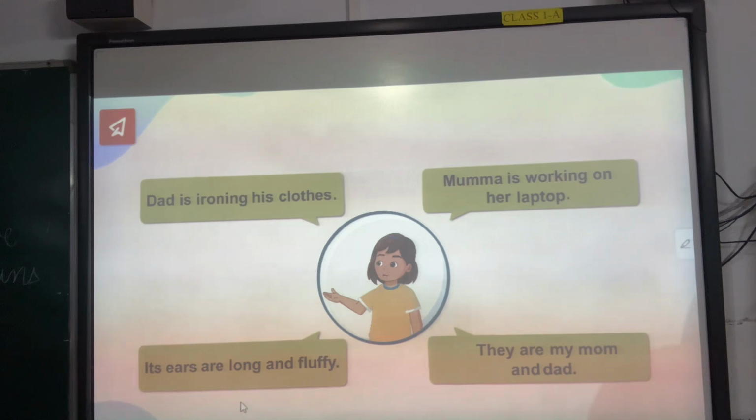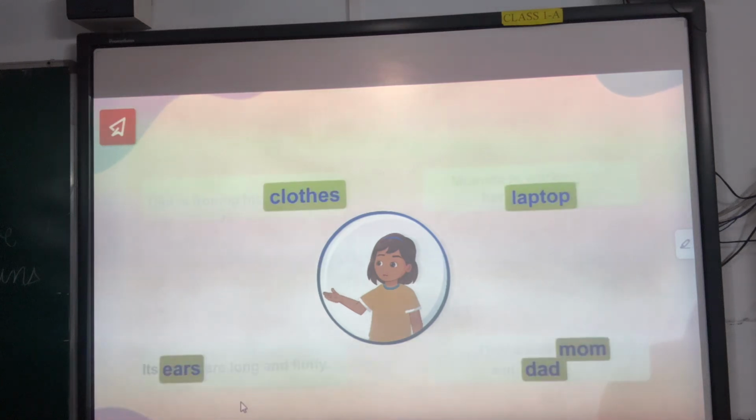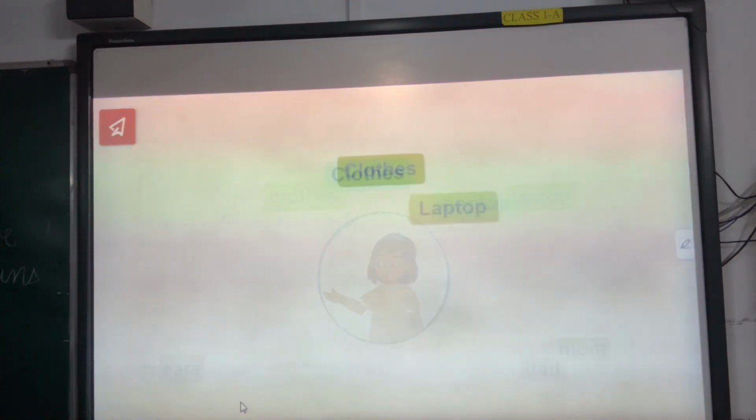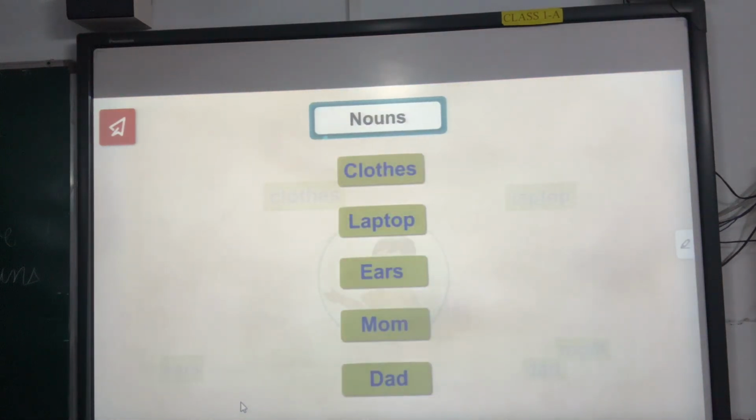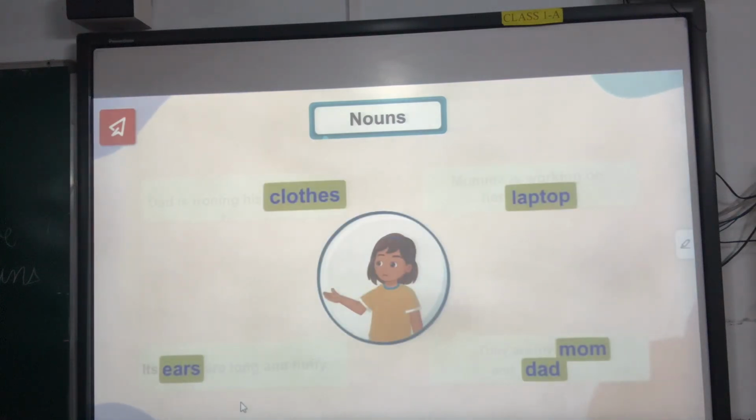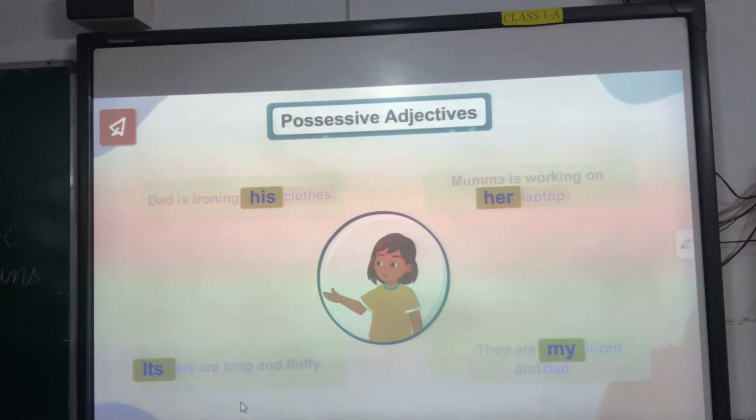Arya surely loves her family, doesn't she? Look at some of the things she said. Why are these words highlighted? Can you tell? These are nouns. All these nouns belong to someone. Now look at these.